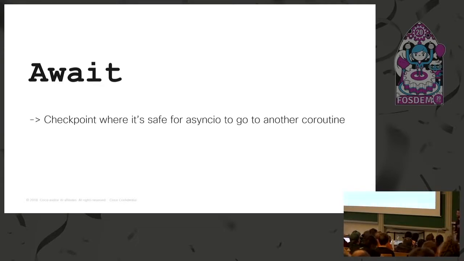Like, for instance, you do a network request, you wait for the response to arrive. In between, you're not doing anything. So that is exactly the right place where it makes sense to go to another coroutine and resume the execution over there. And so actually, you will go back and forth between all these coroutines at the point where you have an await. So you have total control over the context switching.